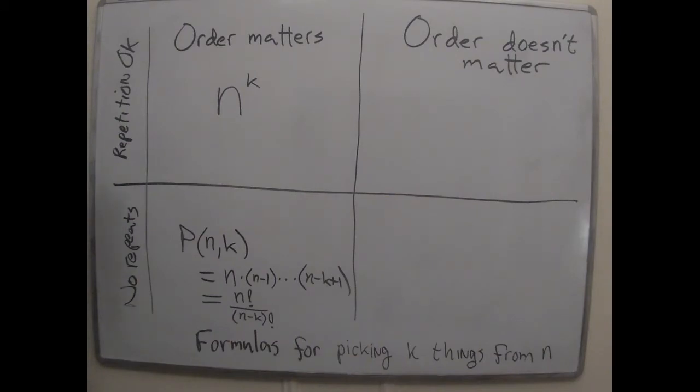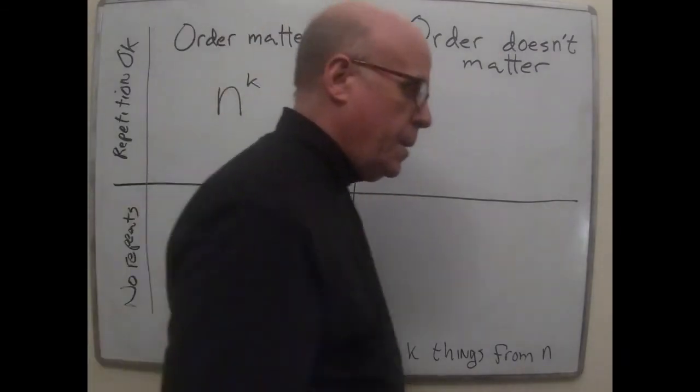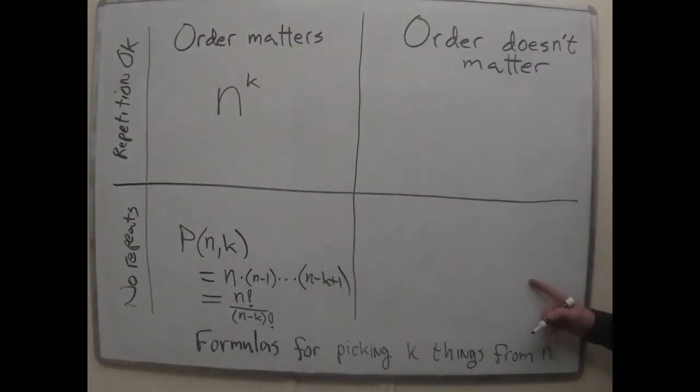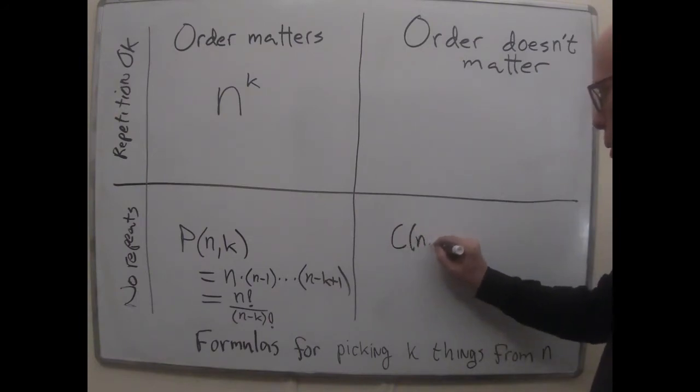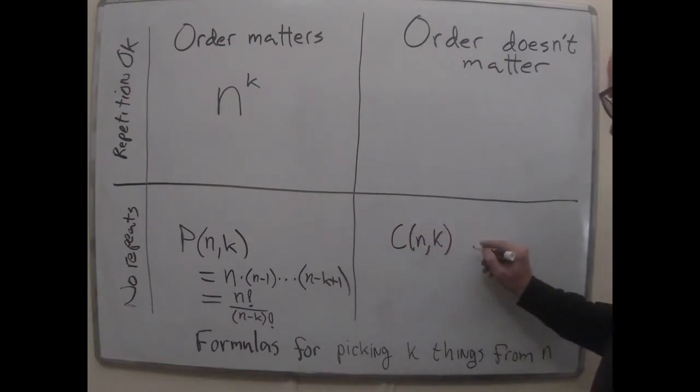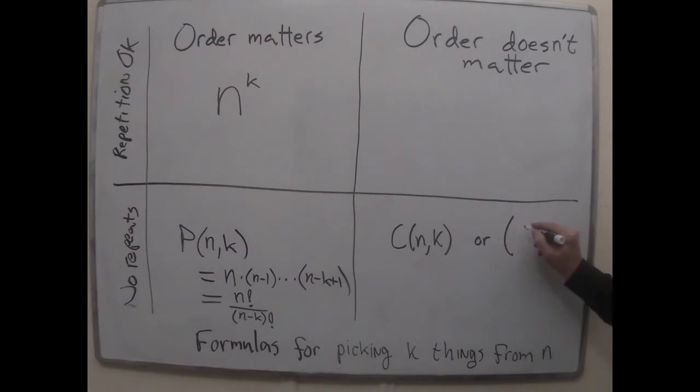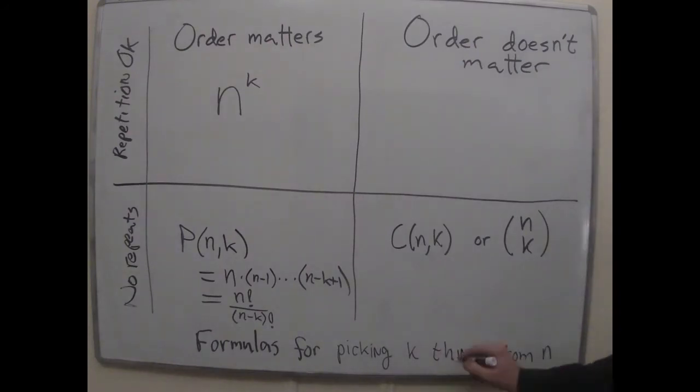Now, what if there's no repeats and order doesn't matter? That's the kind of thing that's counted by the choice function, C of n,k, or if you would like it as the binomial coefficient version, n choose k. And yeah, that's got its nice formula too.